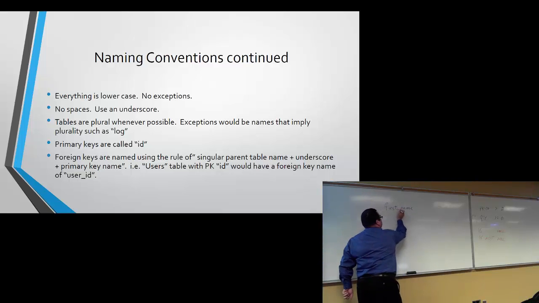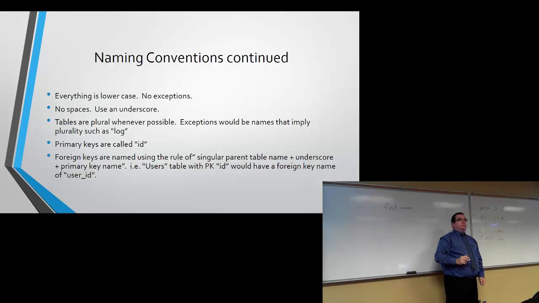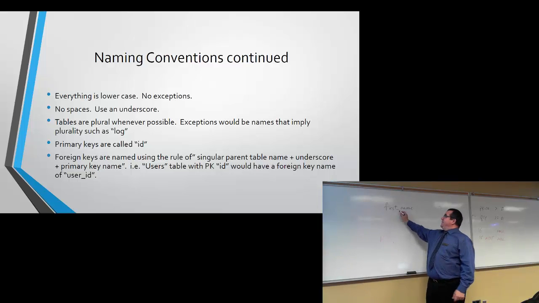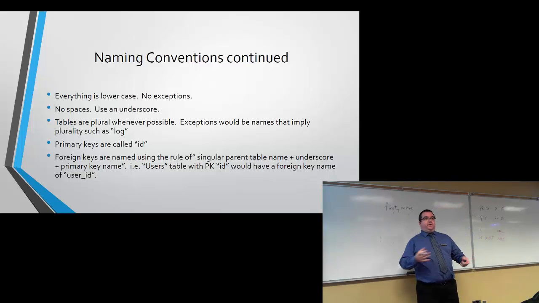Use an underscore. Thus, it still looks like 2 words, but it's connected using an underscore. Why? Because the language that database servers use to communicate, which is called SQL, uses space as its keyword delimiter. That means that if it hits a space in a field name, it assumes these are two different things, not one thing. So if you want something that has first name, last name, mailing address, put an underscore between the words.